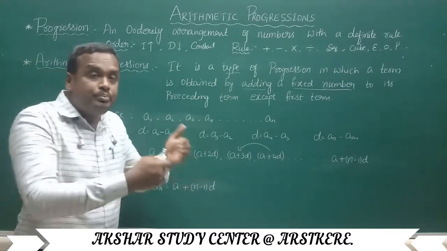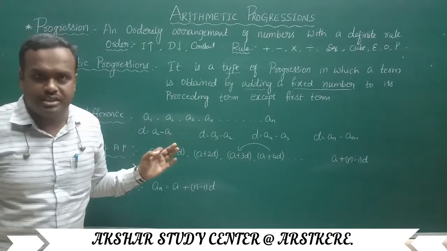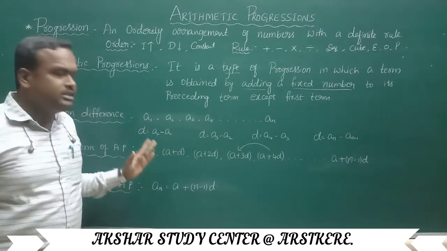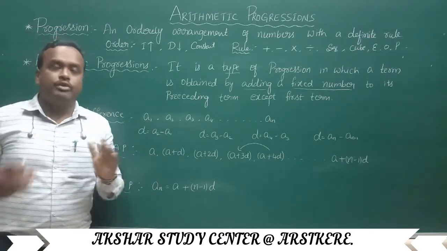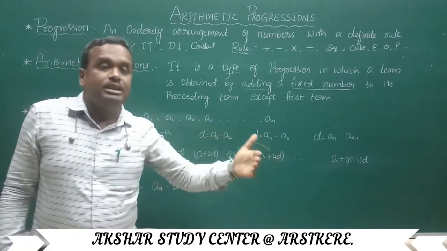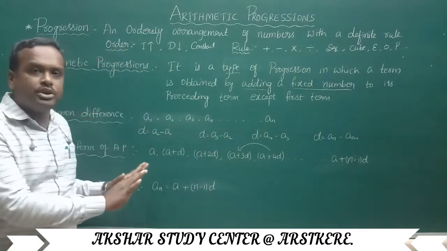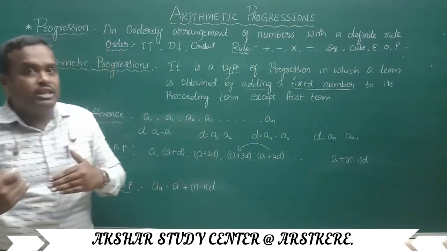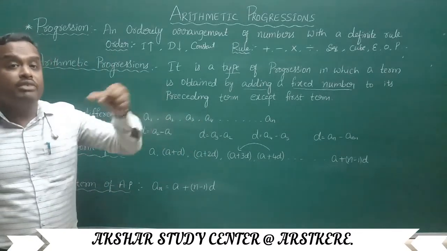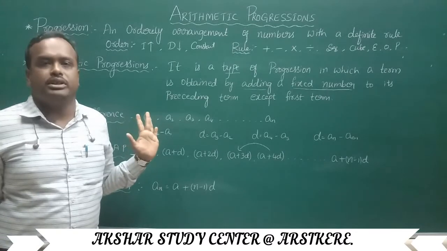If you move to the previous, preceding order, D is going to be subtracted. That means in the arithmetic progression, if you move to succeeding terms, for every term D is going to be added. In the same way, if you move in preceding order, for every term D is going to be subtracted. This concept is very, very important.